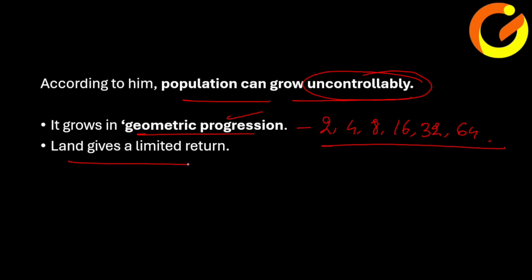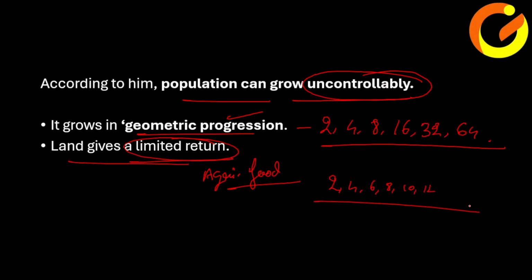Population is growing in a geometric progression. But land is not increasing the same way. The land is limited, right? And the land gives limited returns also, which means the agricultural production or the food production is limited. It will go in an arithmetic progression. Arithmetic progression means 2, 4, 6, 8, 10, 12, like that. You understand?